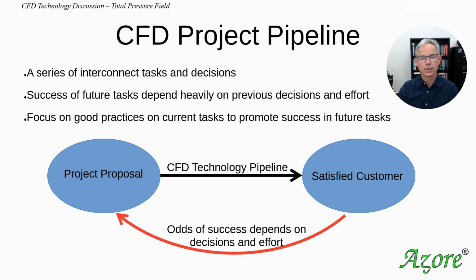Once you have done that, you go through the technology pipeline, where you use software, engineering, intuition, and the like to solve the particular problem outlined in your project proposal. Hopefully by the time you're done applying all of these techniques, you have some useful information to get a satisfied customer.